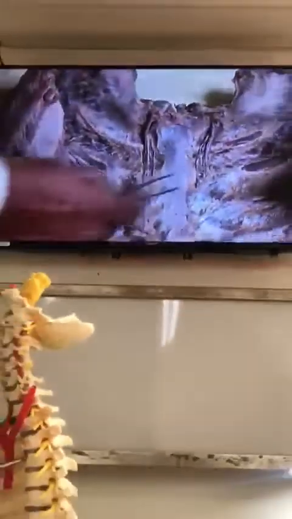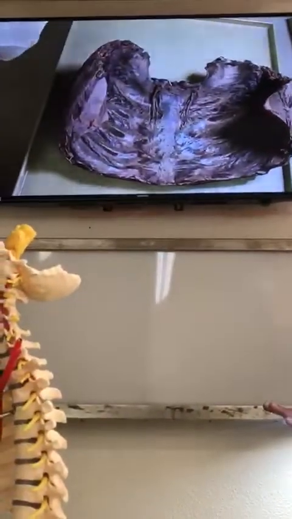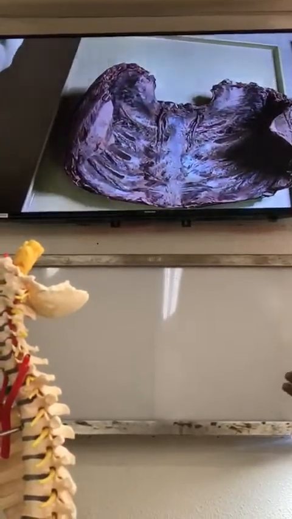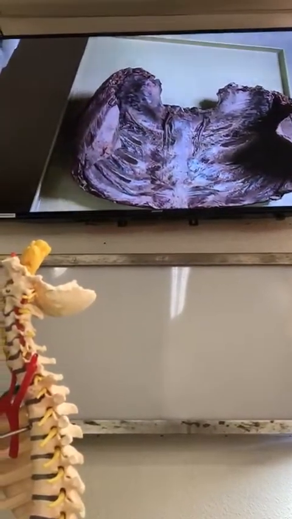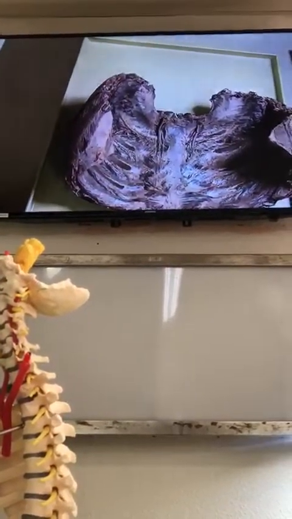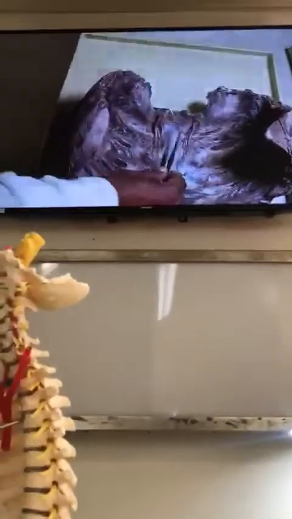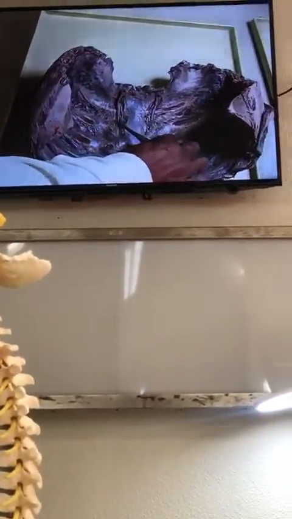Now what you are seeing is a part of the thoracic wall. You are seeing the thoracic wall from the inner surface. Now, in the intercostal space we have seen the external intercostal, internal intercostal and innermost intercostal. Now the innermost intercostal on the inner surface is covered by this fascia.